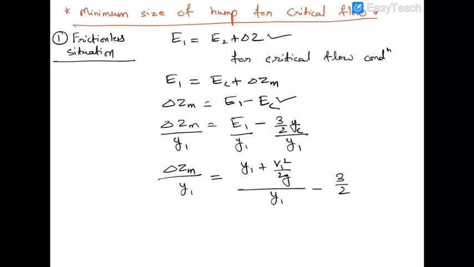In terms of discharge we can write it as q square divided by g, whole to the power 1/3, okay, divided by y1. What is small q? Small q is nothing but discharge divided by width of channel, meaning discharge per unit width.